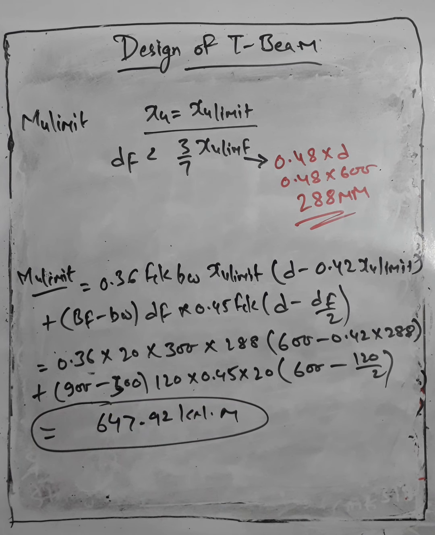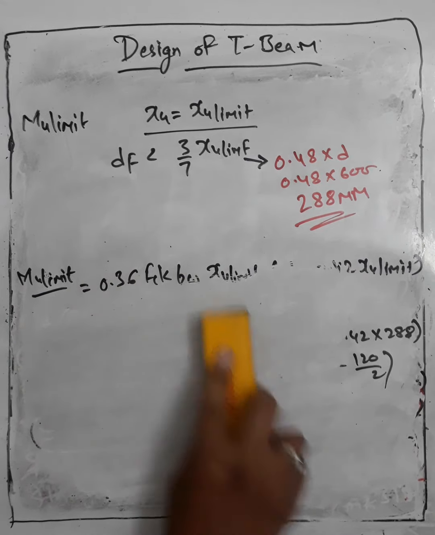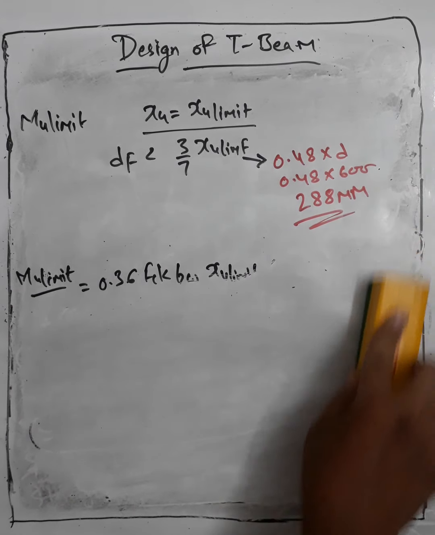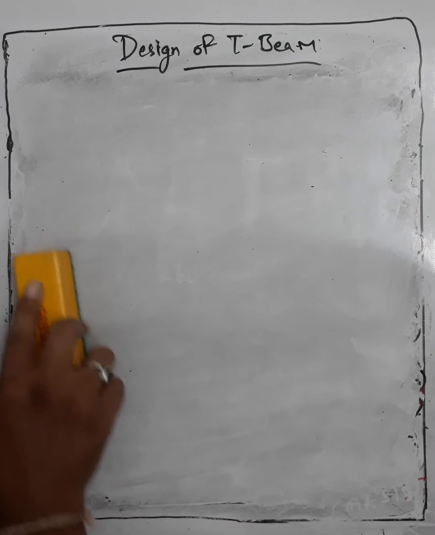So first we have to find the Mu values, meaning Mr1, Mr2 and Mu limit. Here we have done our work: we have found Mr1, Mr2 and Mu limit, and we have the given bending moment. Now we write all values, compare them and find xu, and with the help of xu we find the area of steel.